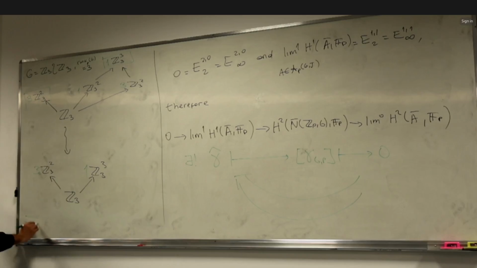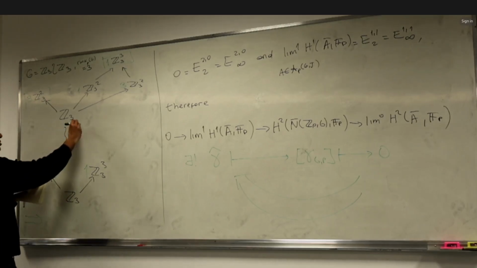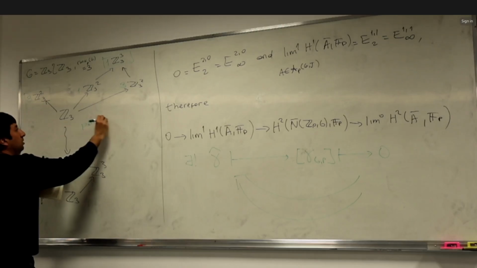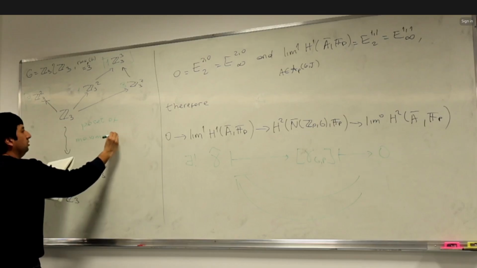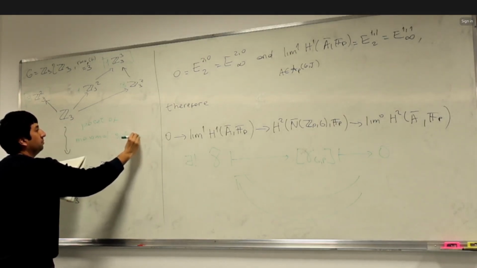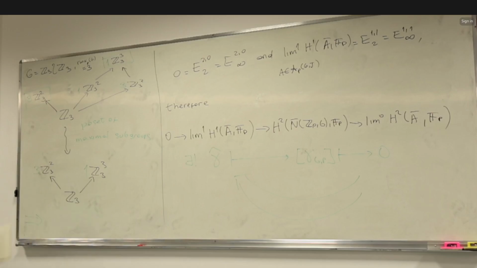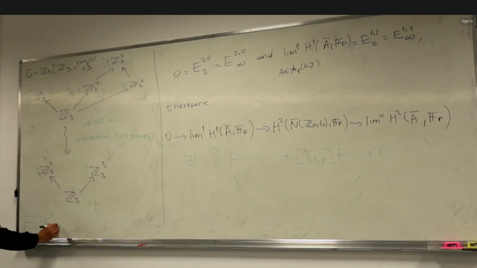Now, I will say this, a poset of maximal subgroups. Now it's easy to see that the first cochain model for this poset is 0.